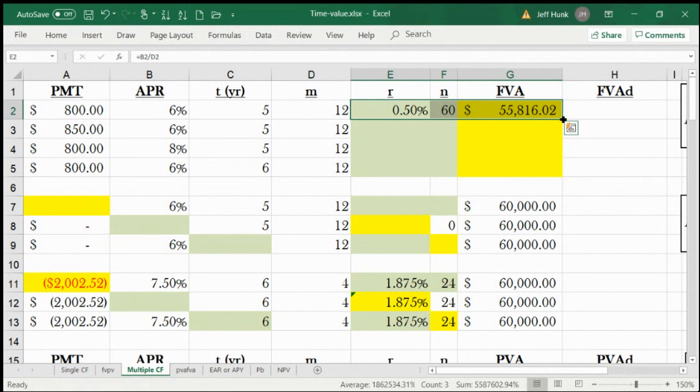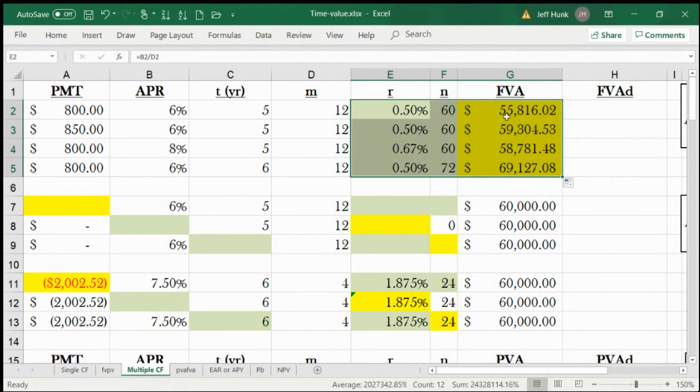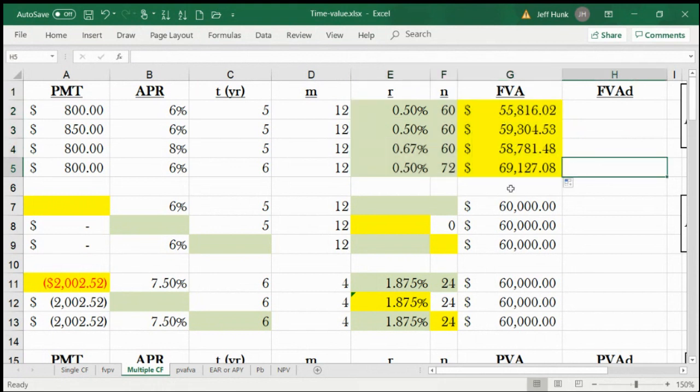Select these 3 cells simultaneously, and then you can drag it down simultaneously, and all of the results are automatically calculated, so you can compare them in a single shot. As I said, this is the beauty of Excel. You don't have to do them one by one every time, right?